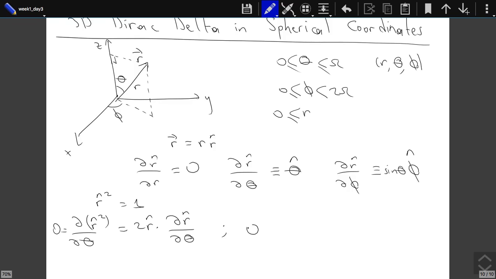Similarly, if you take the derivative with respect to phi, this is twice r hat dot the derivative of r hat with respect to phi. Again, the derivative with respect to phi is orthogonal to r hat. So r hat is orthogonal to theta hat, and r hat is orthogonal to phi hat.